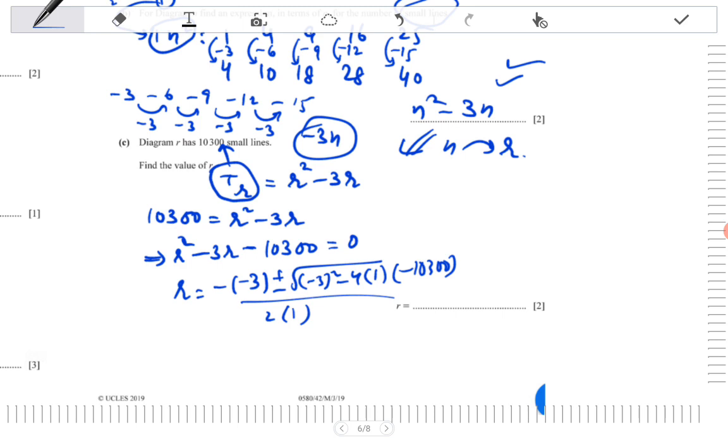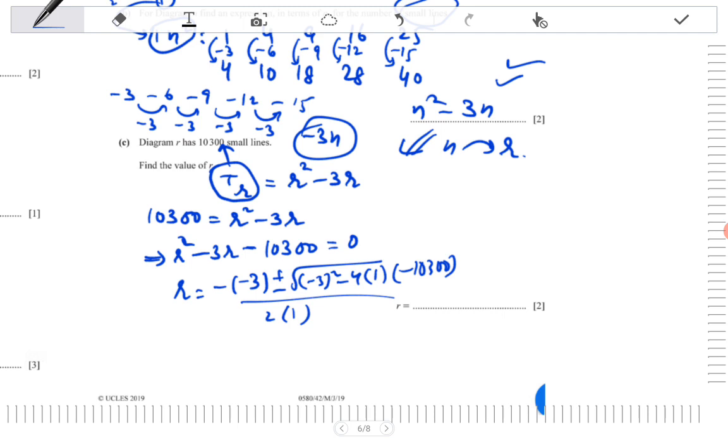In the calculator I can write x square. Listen, the variable is just like a dummy, whether it is n, r or x, it doesn't matter. So in the calculator you can write it in terms of x. x square minus 3x minus 10300 equals 0, and I am going to solve it.